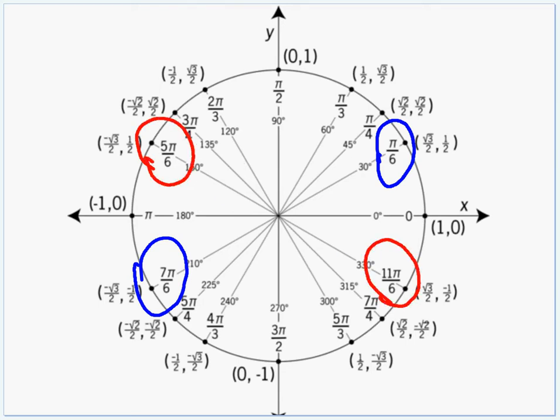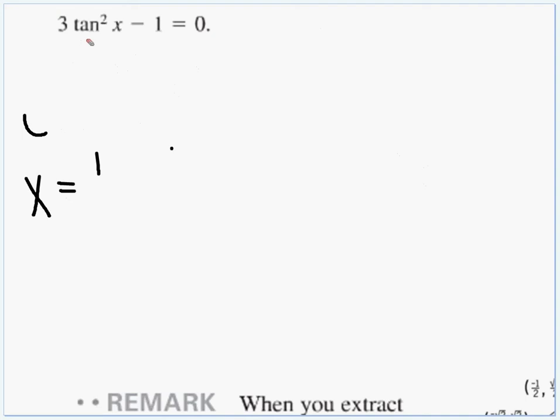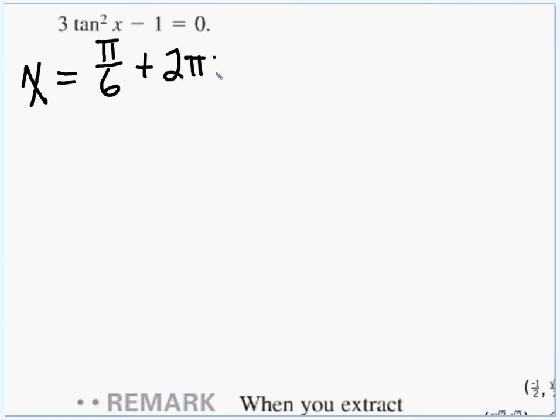Now, to write my solutions, I'm just going to stick with the black ink. We could write x equals, and let me just erase this so I have plenty of room. So x is going to equal pi over 6 plus 2 pi n.